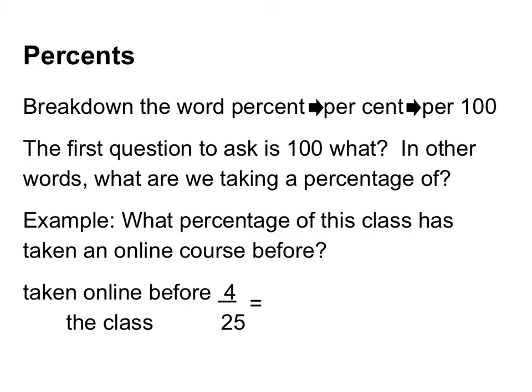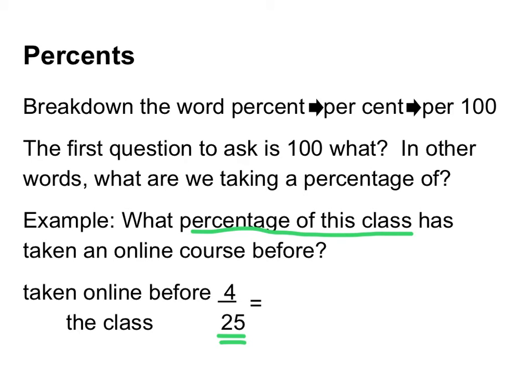So let's just say I made these numbers up. Let's say this class has 25 students in it, and 4 of them have taken an online class before. Well, this is not a percentage because my percentage of this class is 25, not 100. So I need to use equivalent fractions to either scale it up or scale it down to get to 100. Now I chose 25, so it's kind of nice.